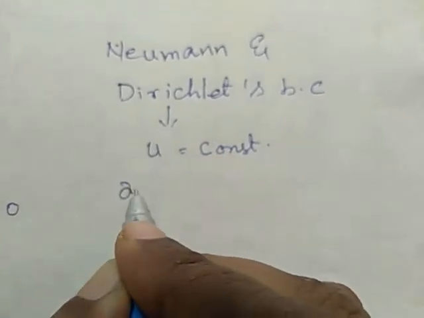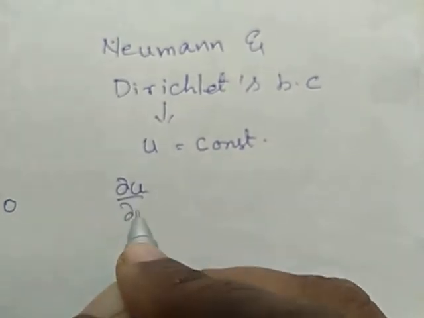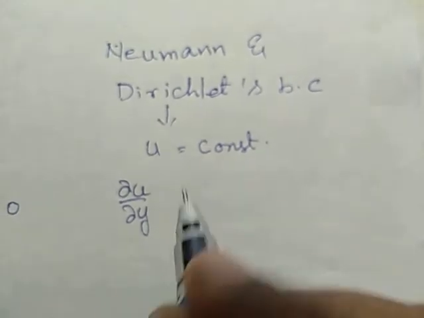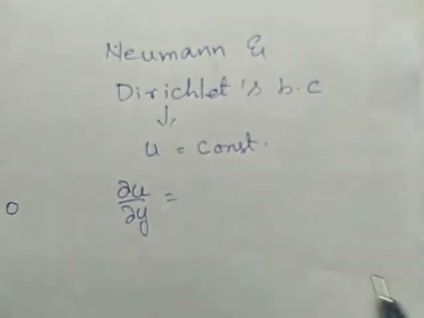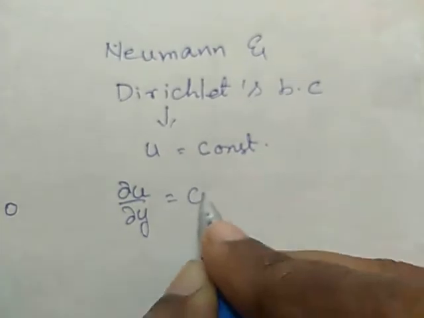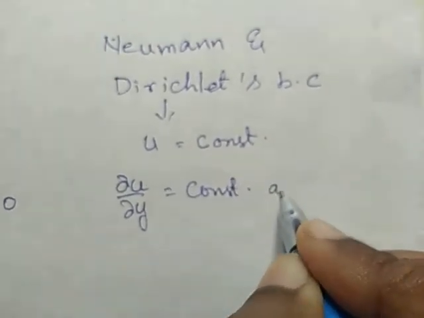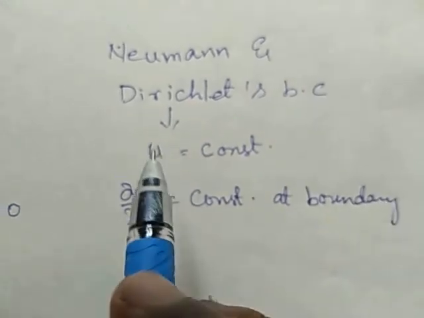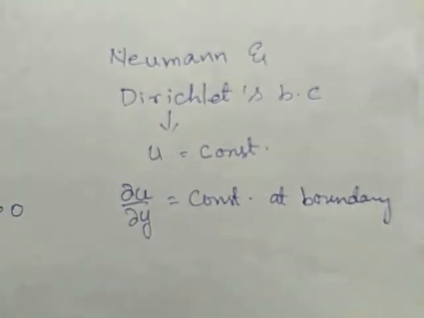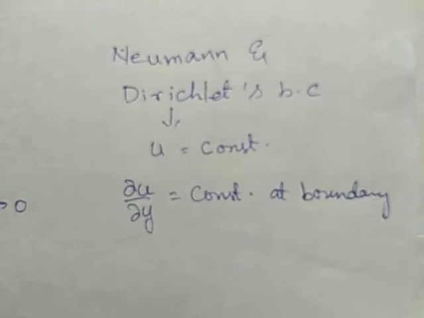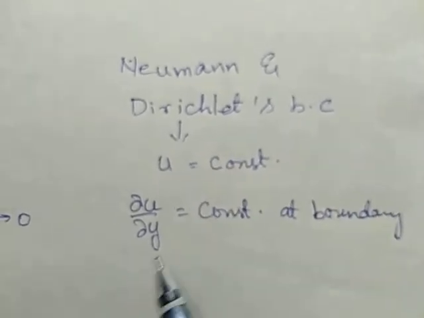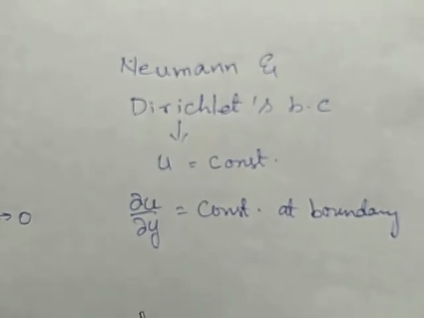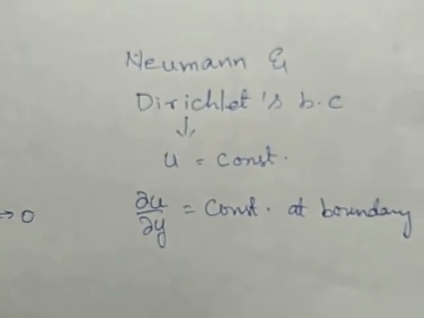Whereas in Neumann boundary condition, the gradient of the velocity variable at the boundary is defined. So what is the gradient? Dou u by dou x or dou y, depending on the axis we have taken. Here I am taking dou u by dou y equal to constant at the boundary. If velocity is constant at the boundary, then it is known as Dirichlet's boundary condition. If the gradient of the velocity variable is constant, then it is known as Neumann's boundary condition.